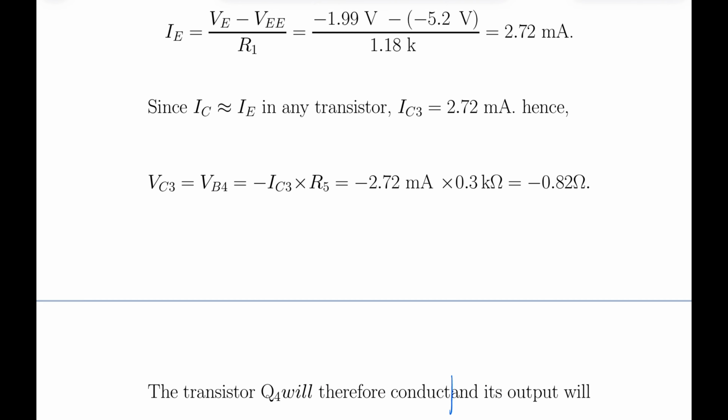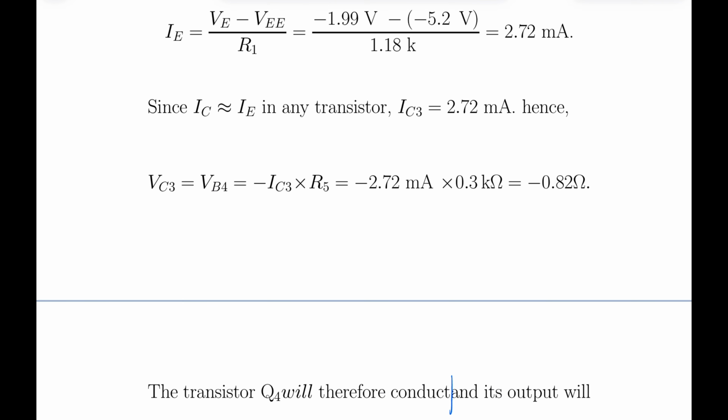Therefore, the voltage at the collector of transistor Q3 is VC3, and the collector of transistor Q3 is connected to the base of transistor Q4. So these two potentials will be equal. We have VC3, the potential at the collector of transistor Q3, equal to the potential at the base of transistor Q4, equal to -IC3 into R5.